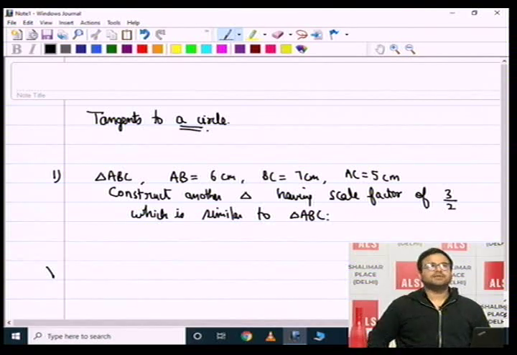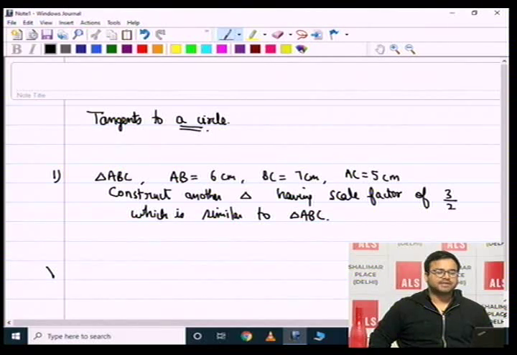So we have to construct another triangle which has a scale factor of 3/2 and is similar to the given triangle. Try it, all of you.